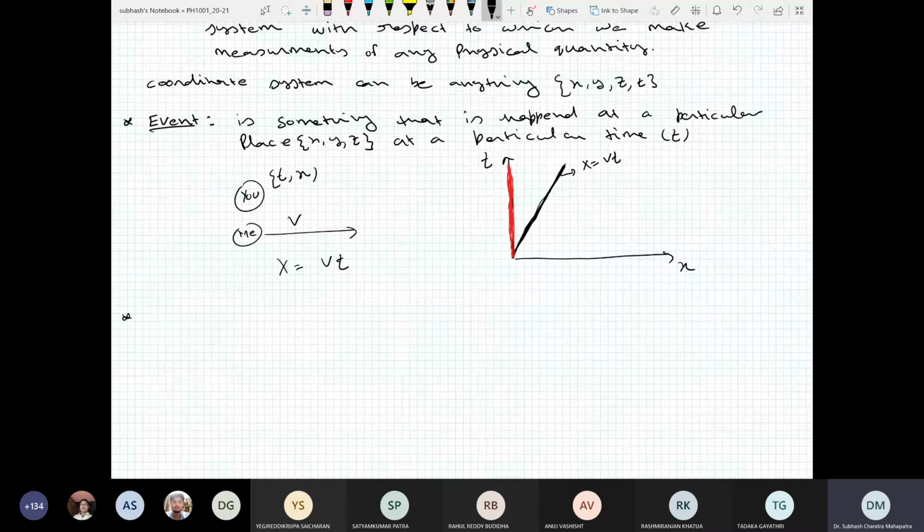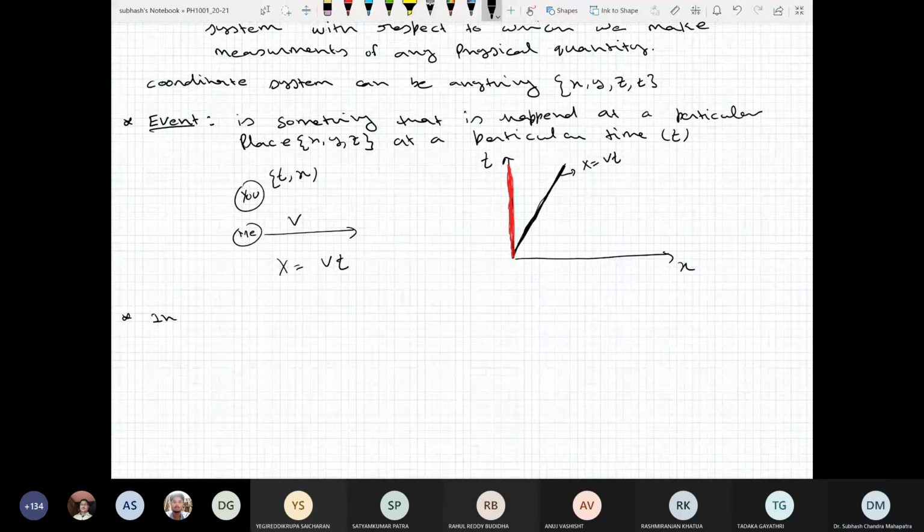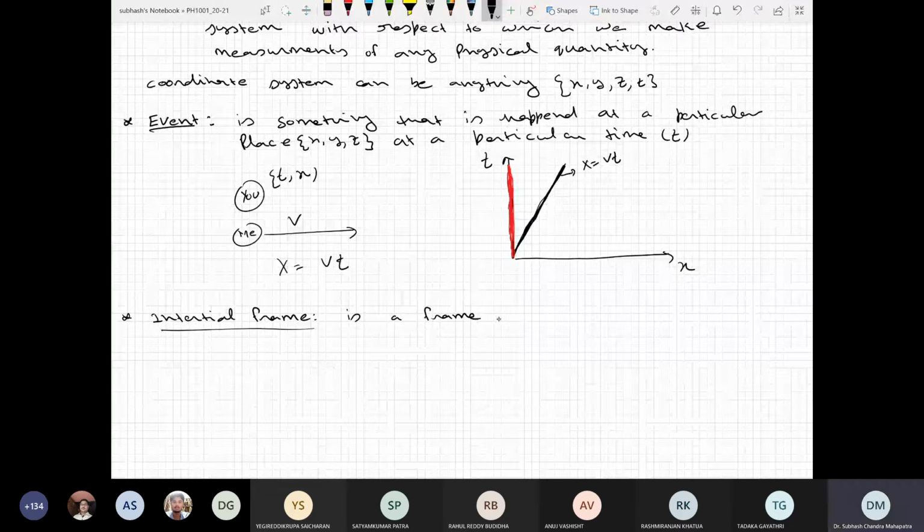So that leads me to another point. There are some special frames which are called inertial frames. So what are those inertial frames? An inertial frame is a frame in which the laws of motion hold, especially the first law of motion.